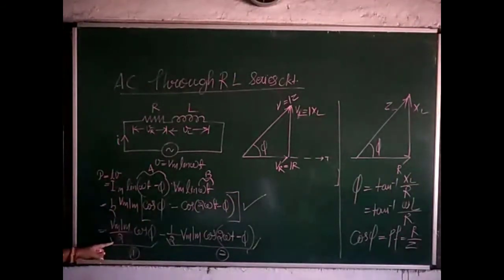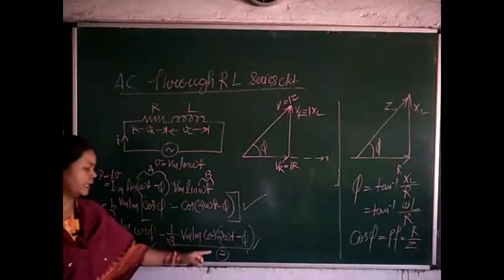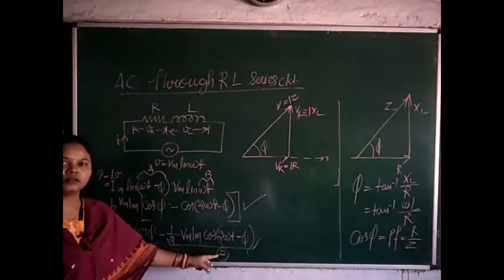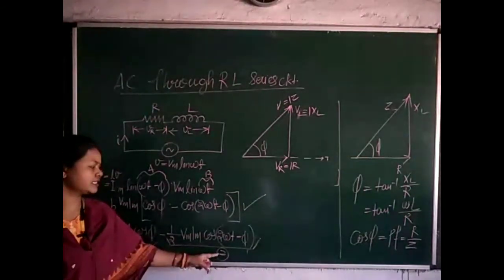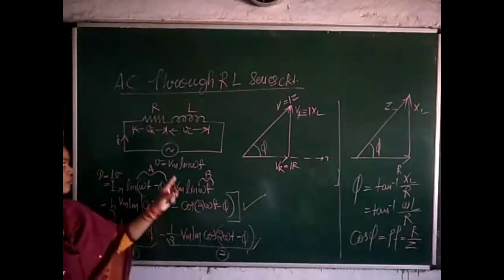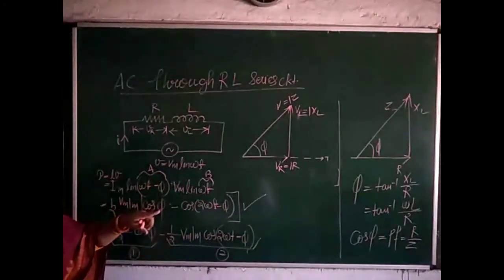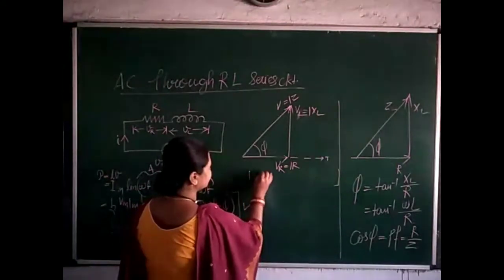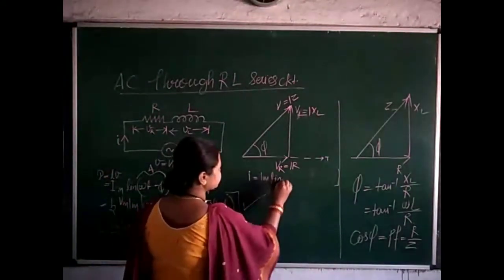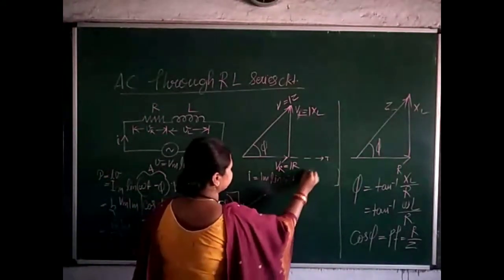Okay. And part 2 is the pulsating part of the power, and it has a frequency of twice the frequency of voltage and current. Which one? We have already got that I is equal to Im sin(omega t minus phi).